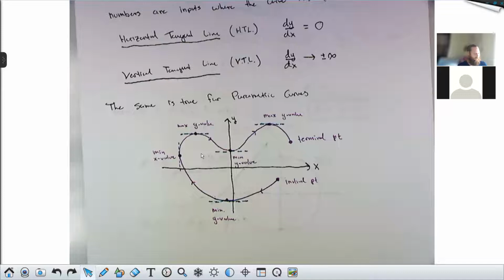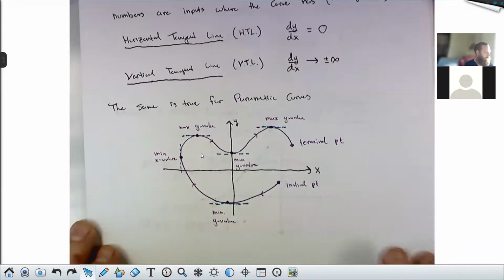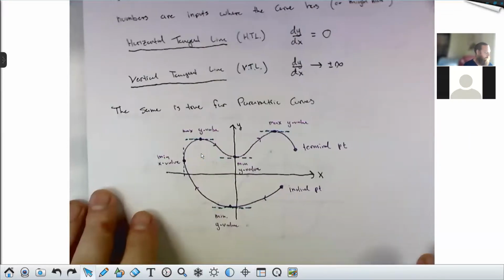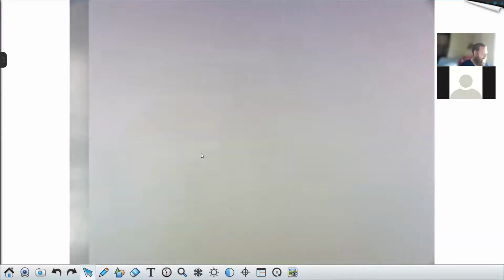Okay, so how do we find these things? In theory, we know we just need to solve these equations. But in practice, let's give it a shot. Let's see what that looks like.